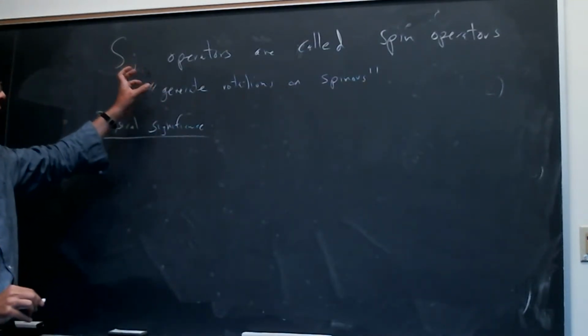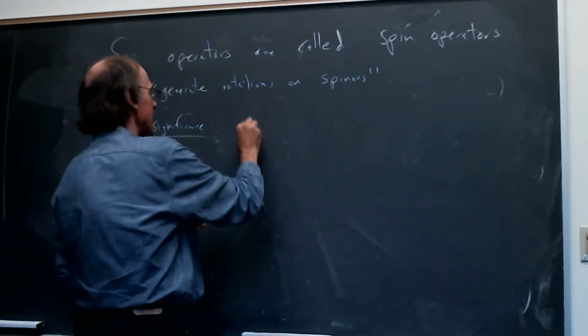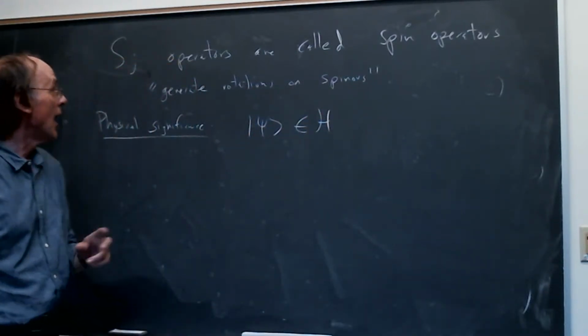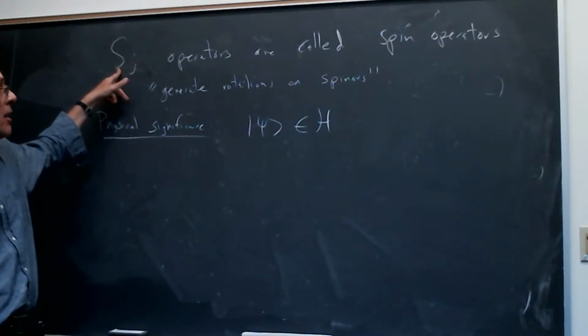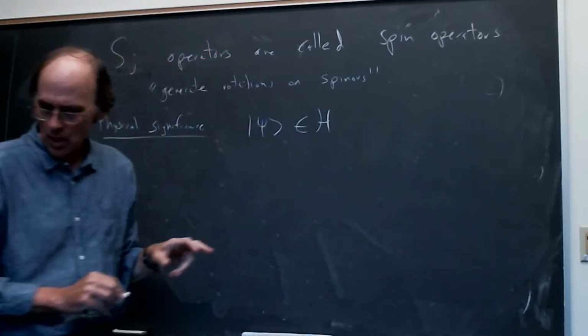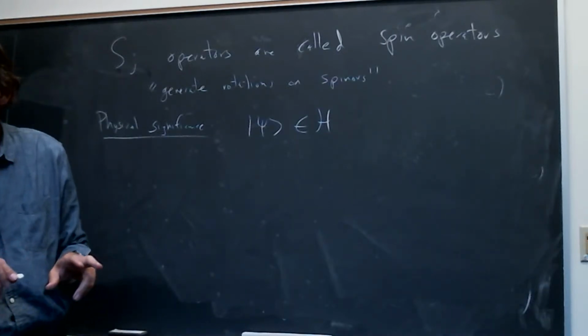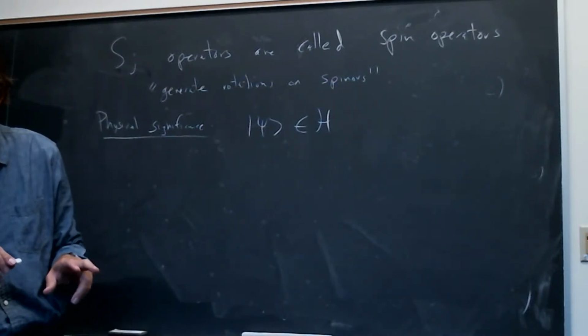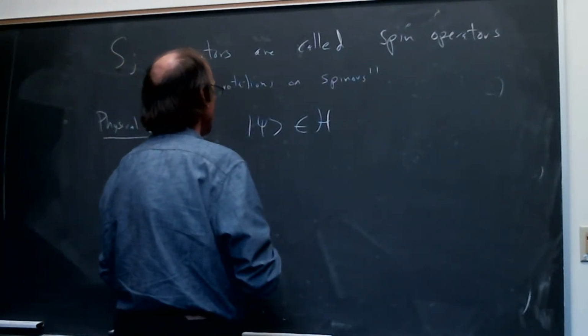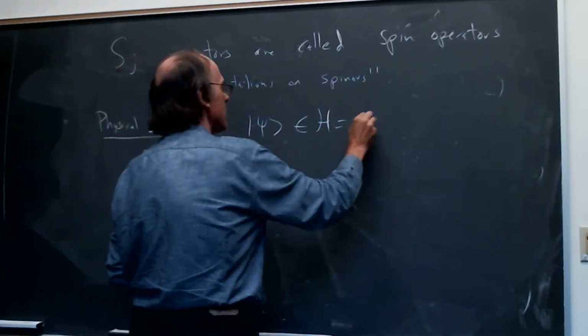So if you're given a state, I'm going to write states like this. Actually, maybe let me define it this way: this is an element of H equals C2.